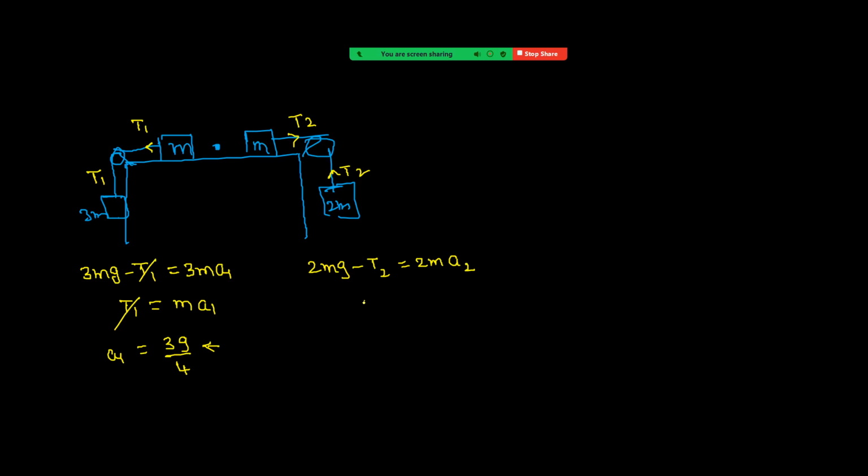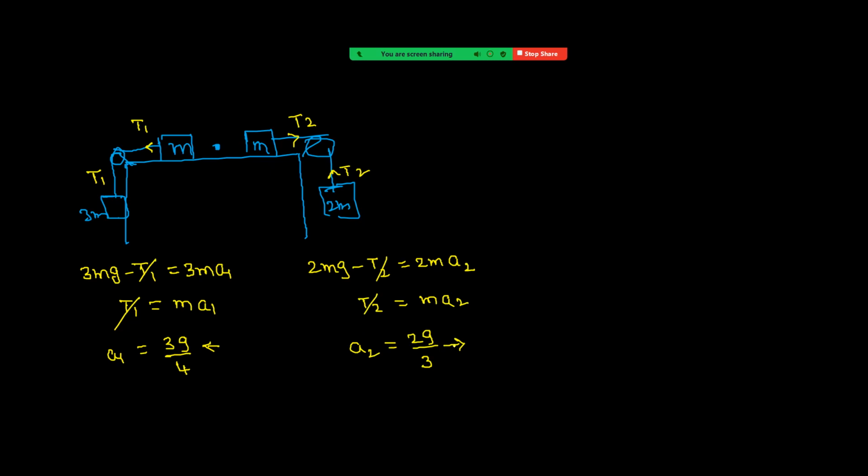That is T2. So T2 is equal to m into A2. Take the sum of these two. T2 gets cancelled. 2mg equals 3m into A2. So A2 equals 2g by 3. Direction is right side.